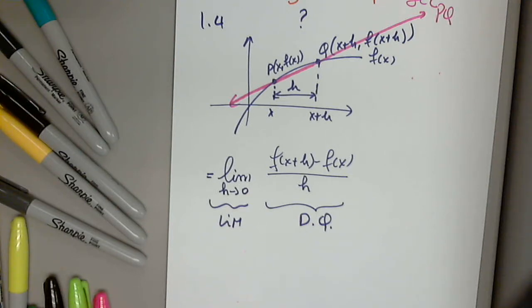So when I calculate the limit of the difference quotient, I basically say, well, I'm really trying to determine not the average rate of change between P and Q, but exactly the rate of change, if possible, because it's not always possible, at this point, right? So I'm bringing Q closer and closer to P. The secant line becomes closer and closer to the tangent line.